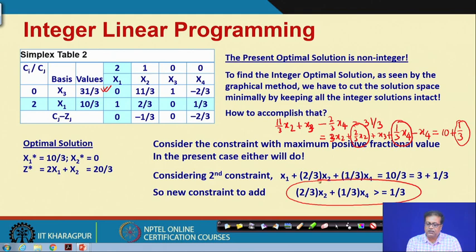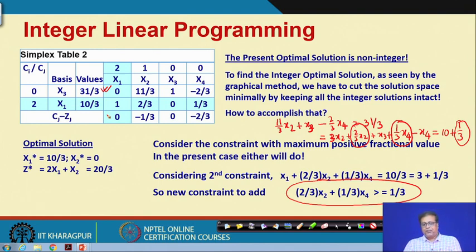So, we would have got the same constraint if we had chosen the first constraint line also. But look here, this happens because in both these constraints the positive fractional value is equal; that is why it is a tie.